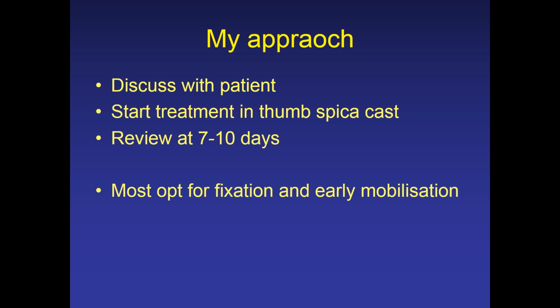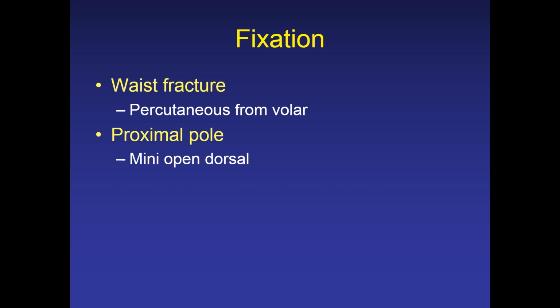Then they can read around the topic and discuss with other people, and decide what they want. Many do opt for early fixation and mobilization. Most waist fractures I can treat percutaneously from the volar side. For the proximal pole, because of the damage to the extensor tendons, I like to do a mini open approach there to keep those tendons protected.